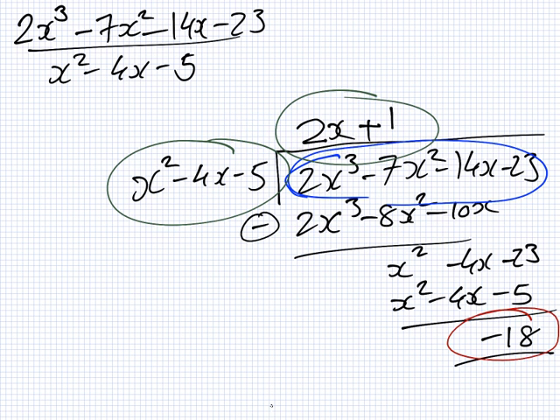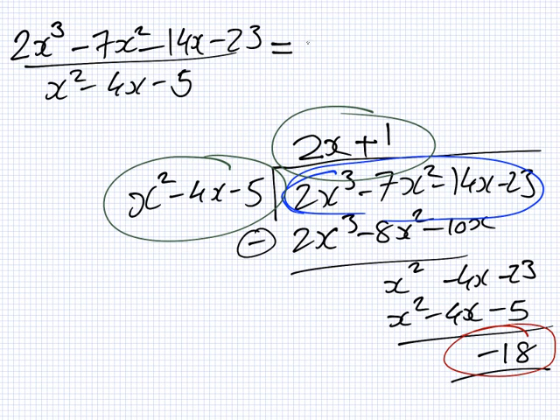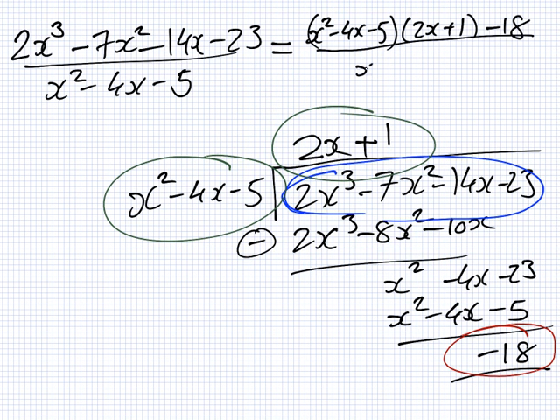Yes? So my trick earlier was to say that this here is equal to this multiplied by this plus that one. So what I can do here is change this to x squared minus 4x minus 5 times 2x plus 1, and then minus 18, all over x squared minus 4x minus 5. Now you might say, well, what was the benefit in doing that?